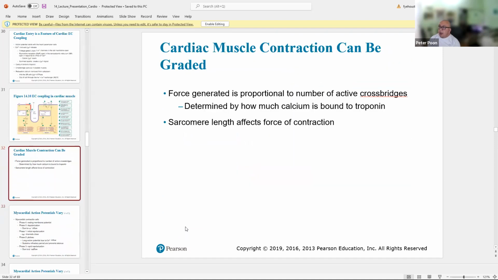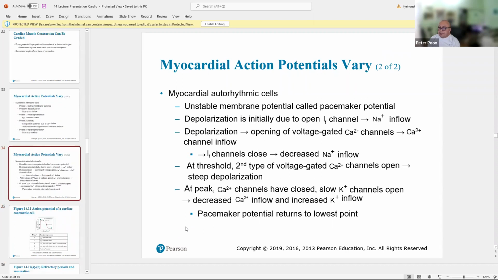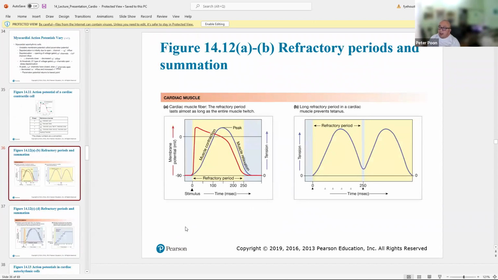We're going to skip the EC coupling and things like that, but what I want you to focus on is the differences between skeletal muscle and cardiac muscle.